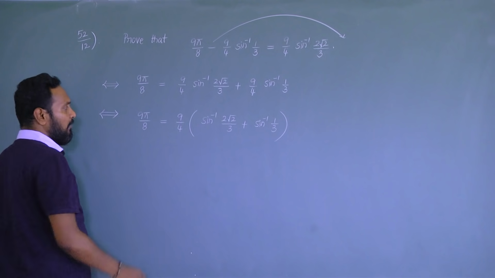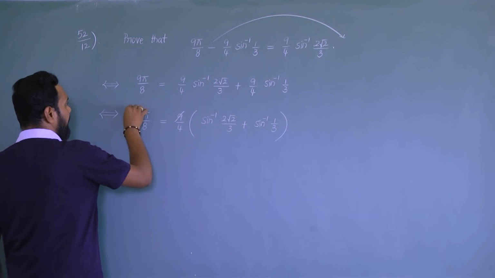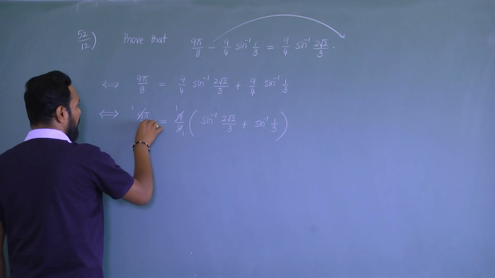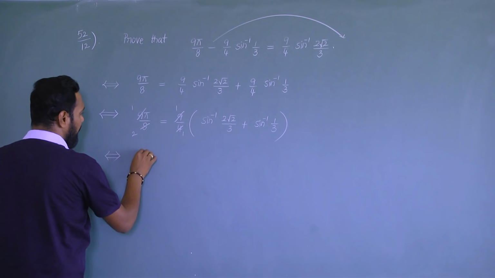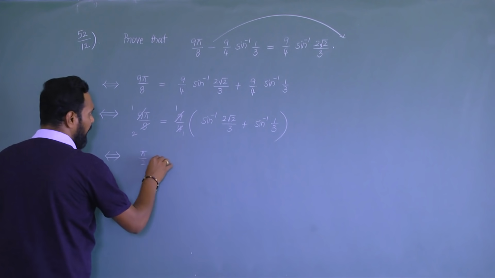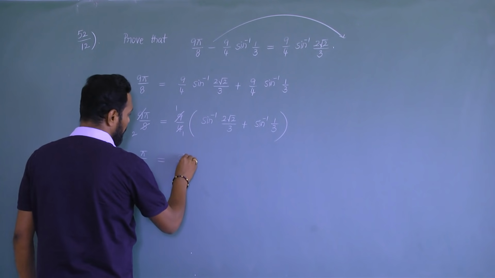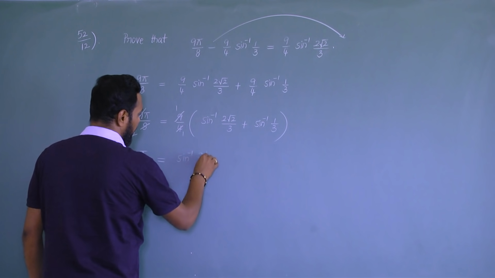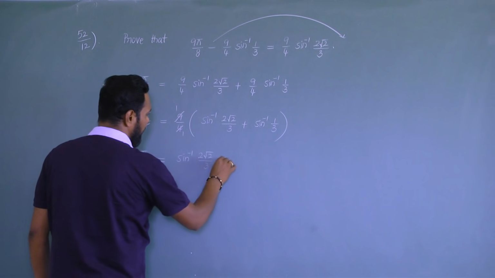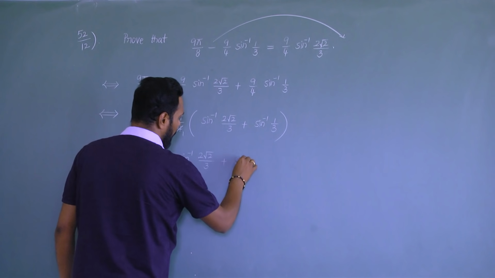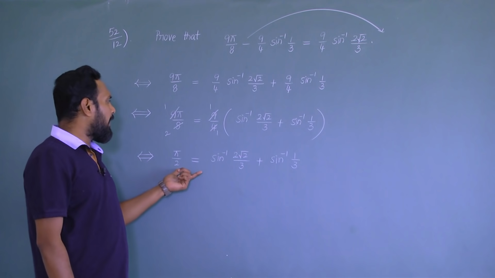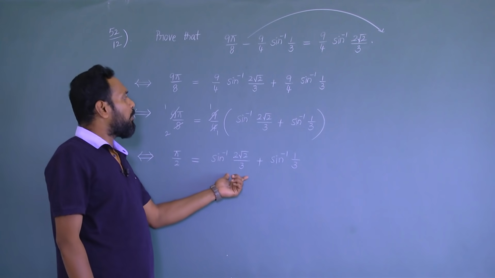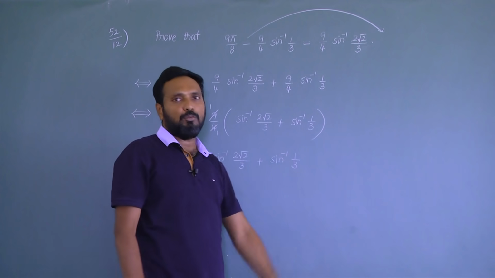If you cancel 9 and cancel 4 and 8, then this implies and implied by pi by 2 equals sin inverse 2 root 2 by 3 plus sin inverse 1 by 3, you will get after this step.